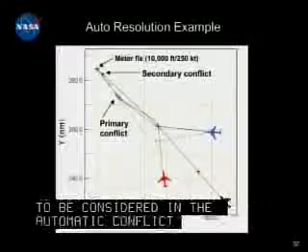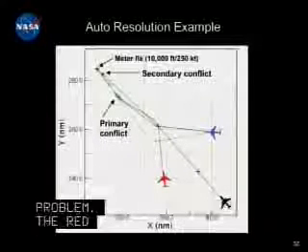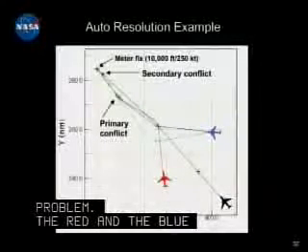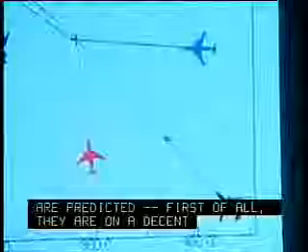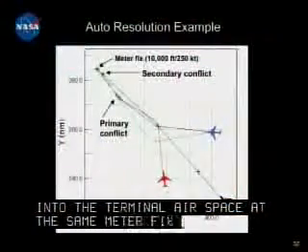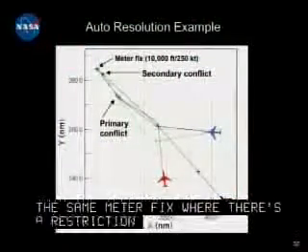The red and the blue aircraft are, first of all, on a descent profile towards their meter fix crossing point. They're both crossing into the terminal airspace at the same meter fix, where there's a restriction of 10,000 feet, 250 knots.